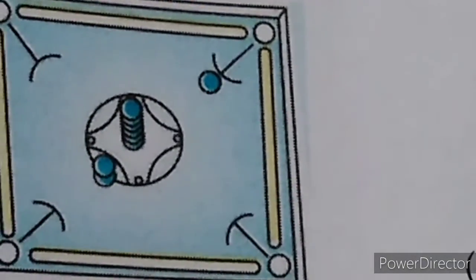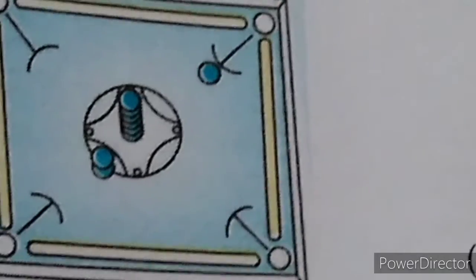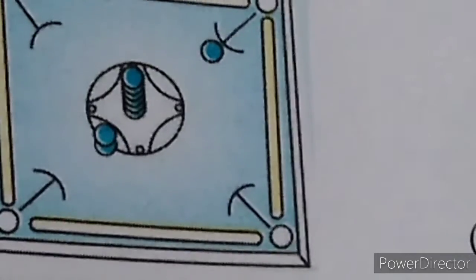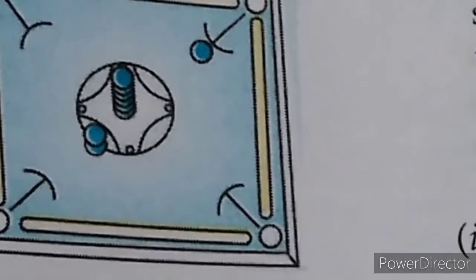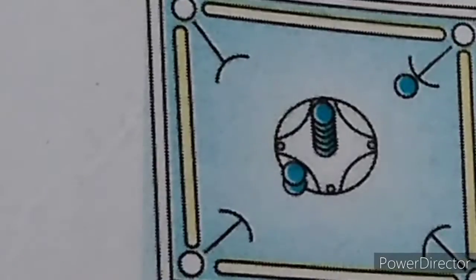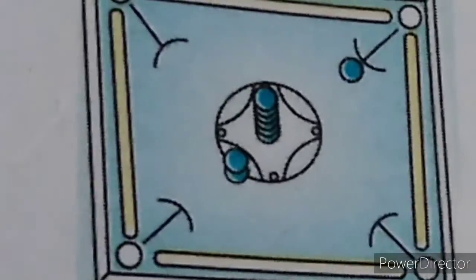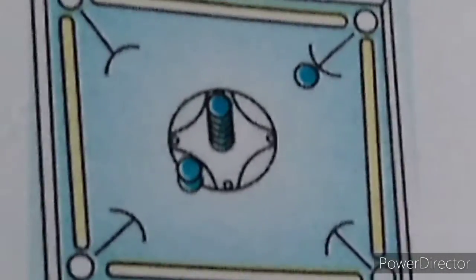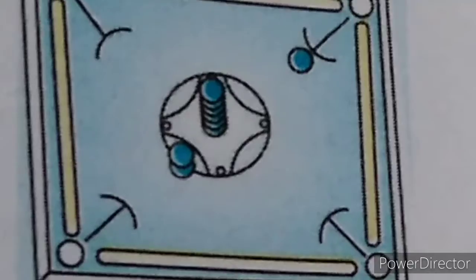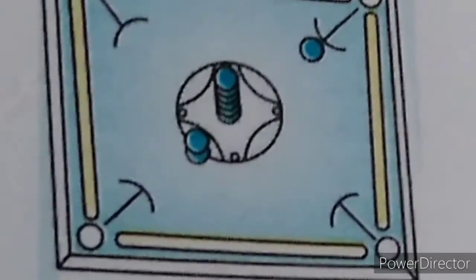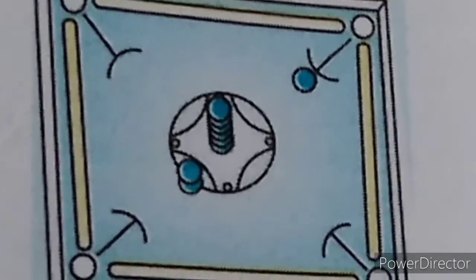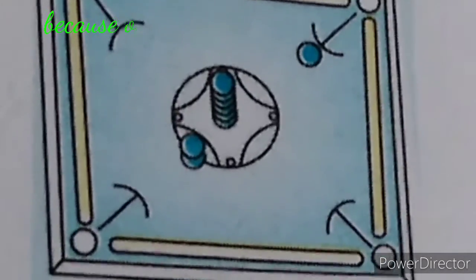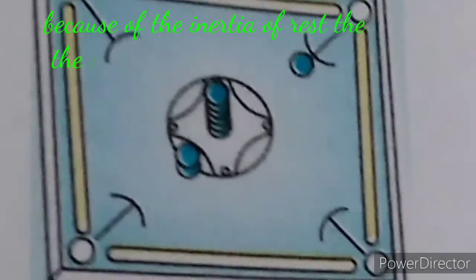Only the coin that was struck came into motion, because all the others are still at rest. Since the striker comes with a high speed, it displaces only the coin it hits, and the others remain in their previous position.